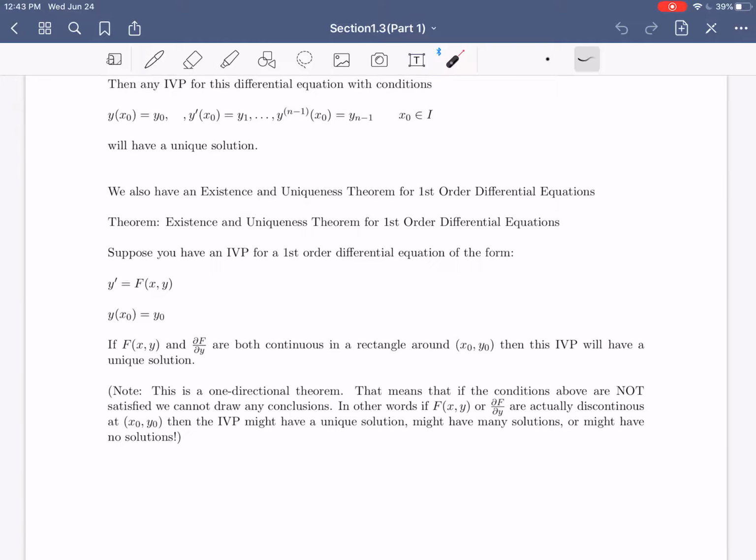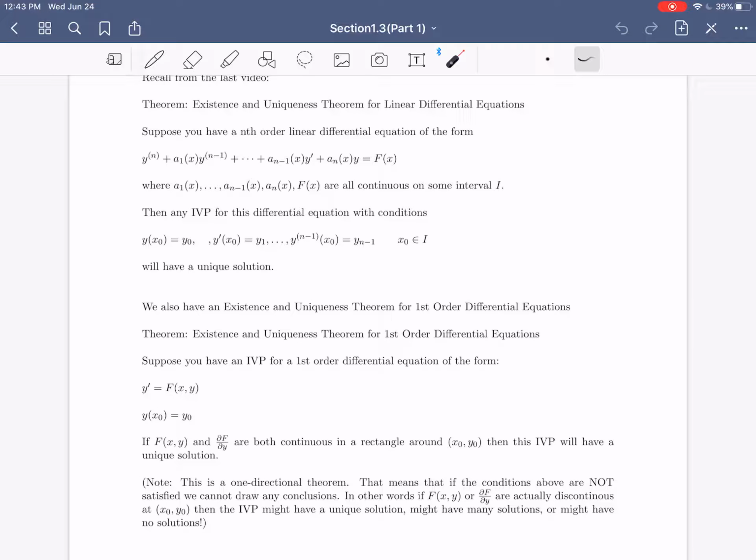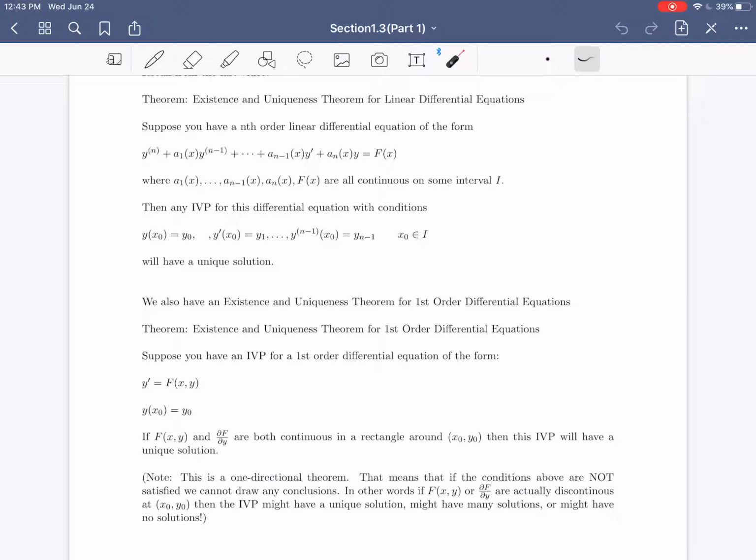So, with these two existence and uniqueness theorems, I'm going to put them here together, we actually have a lot of information about existence and uniqueness for solutions to IVPs. We basically know that there are always unique solutions for IVPs for linear differential equations of any order, provided that the coefficient functions are all continuous.